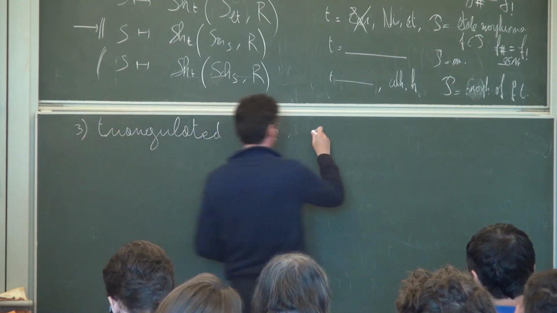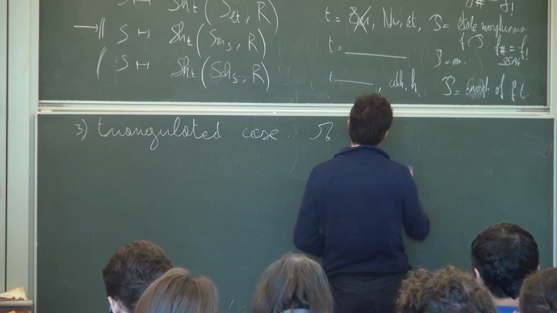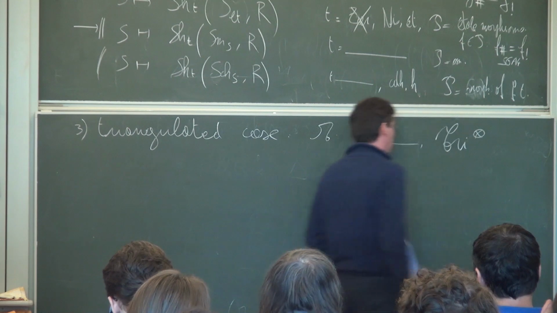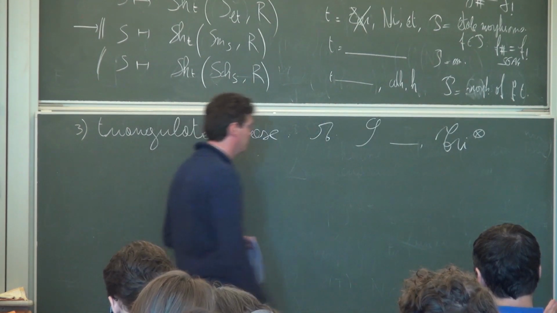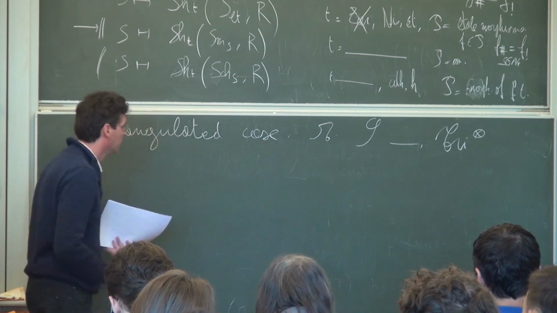This time M will be a functor into the category of monoidal triangulated categories. Beware that this means more than for an abelian category.